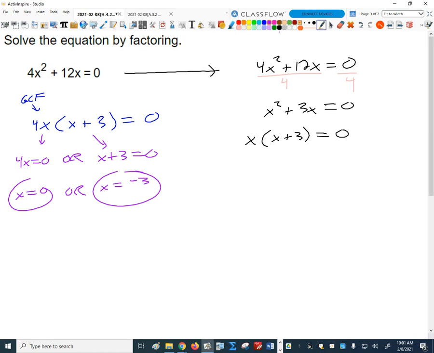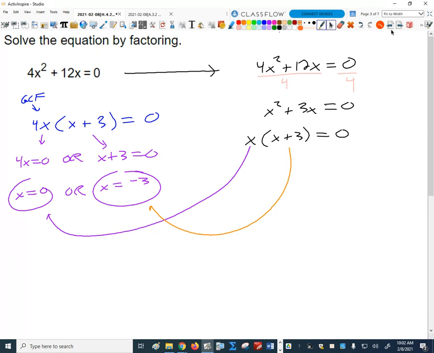When I set this equal to 0 and apply the zero product property, the factor x equals 0 when x equals 0, and the factor x plus 3 equals 0 when x equals negative 3. So do you divide both sides by 4, or do you just factor out a 4x? Doesn't matter. Whatever you prefer. Either one is fine.